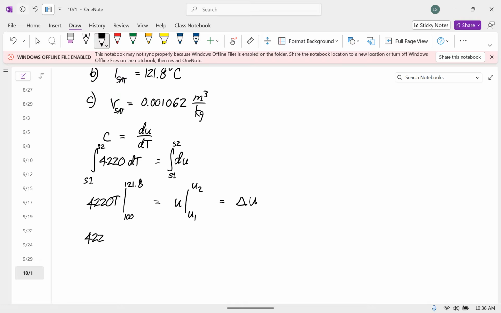So 4220 times 121.8 minus 100 is equal to delta u, and that is 91,996 joules per kilogram.